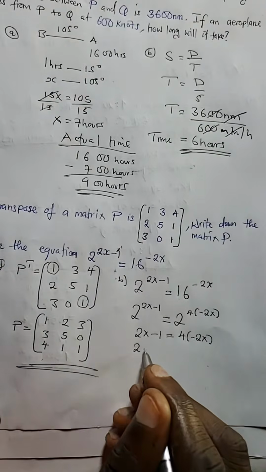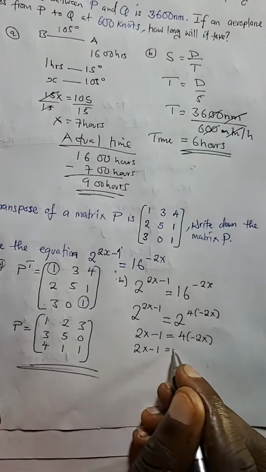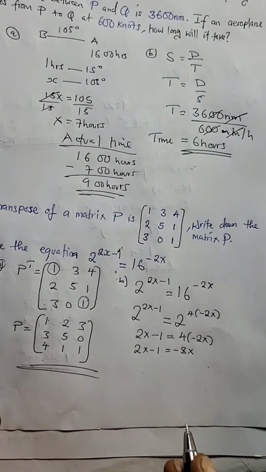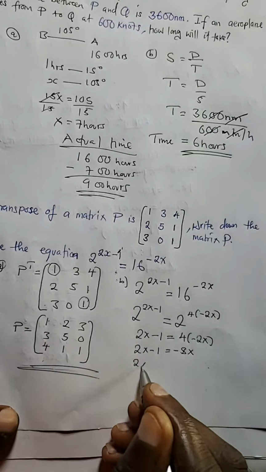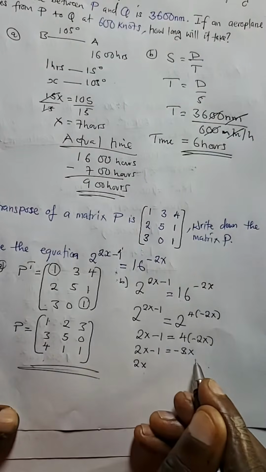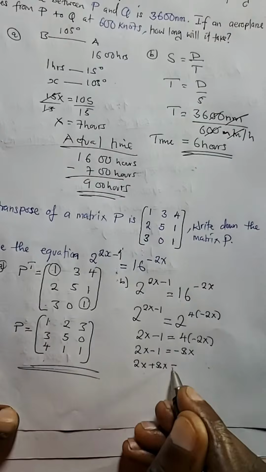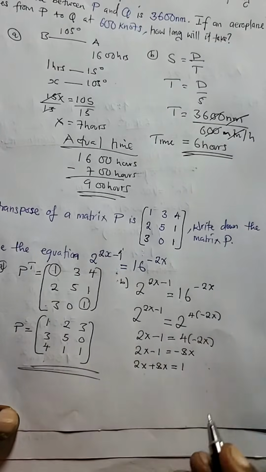So here we have 2x minus 1 is equals to 4 times negative 2, which is negative 8x. Okay? Collect the like terms. Collecting the like terms here, it will be 2x. The negative 8x crosses the sign and becomes positive 8x is equals to this negative 1, which will also cross the sign and becomes positive 1.